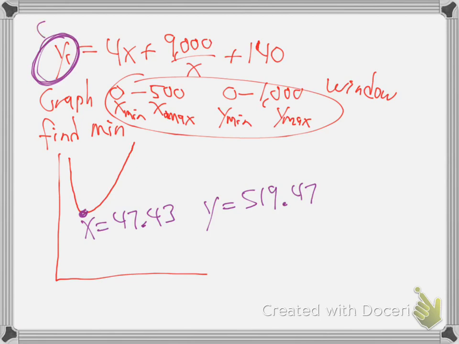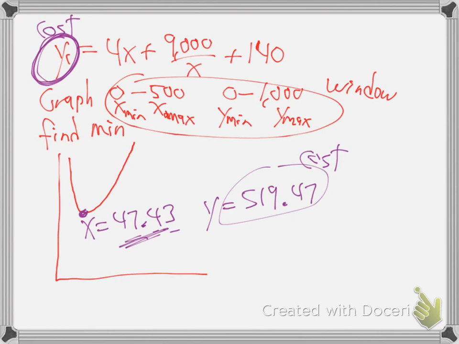What is that? That's cost. Remember, that's the cost function. This is the cost. This isn't the other side. Well, how do we find the other side? Plug this x into the formula. Okay. Makes sense? The cost is $519.47. That's what it's going to cost to build that. It's the cheapest pen you can build for the animals that will cover what you need.